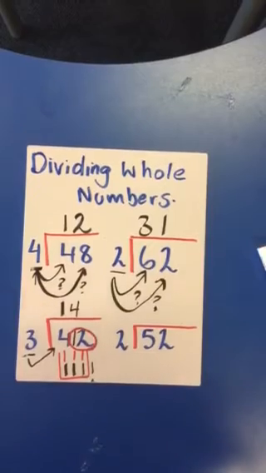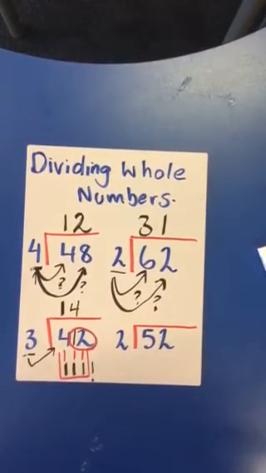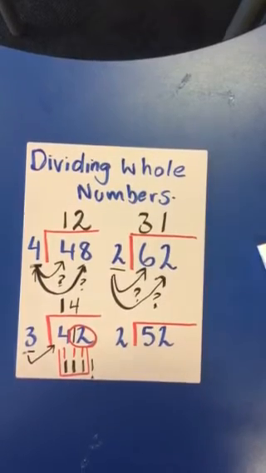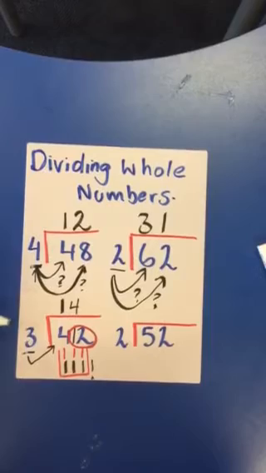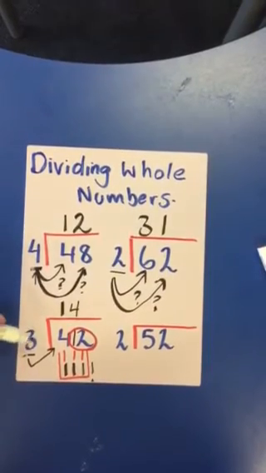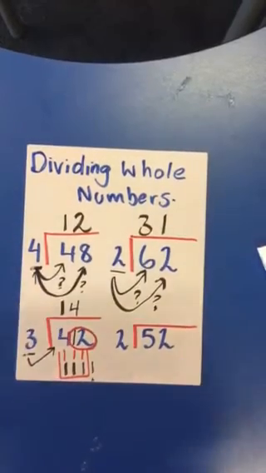So the question was, I had 42 students that needed to be divided into 3 classrooms. How many would be in each classroom? There'd be 14 students in each room. There's 3 rooms. There's 42 students in total, and there'd be 14 in each room.